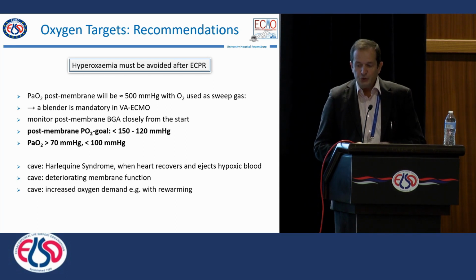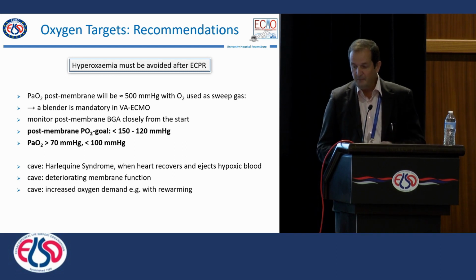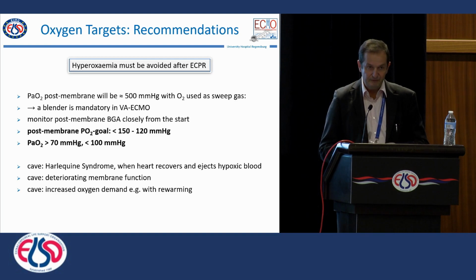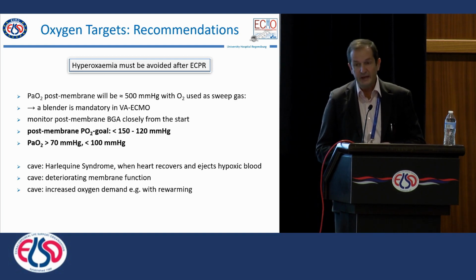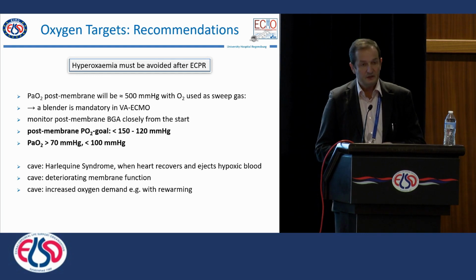I think you should aim at a post-membrane PO2 goal below 150, 120 to 150. I think you have to be a little bit on the safe side because you still may get some mixing by the heart. So we would aim at a post-membrane PO2 goal between 120 and 150 millimeters of mercury and a PaO2 goal between 70 and 100 millimeters of mercury.